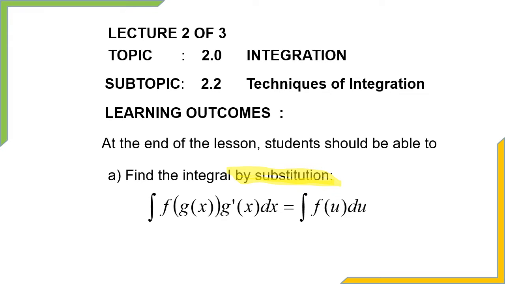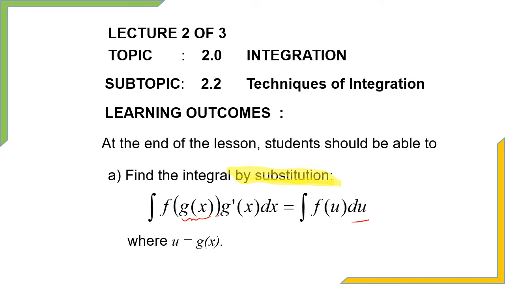which is the integration of f of g(x), a function of f of g(x) multiplied by g prime x, can be rewritten as the integration of f(u) with respect to u, where u is equal to g(x). How do we get from the form on the left side to the right form?